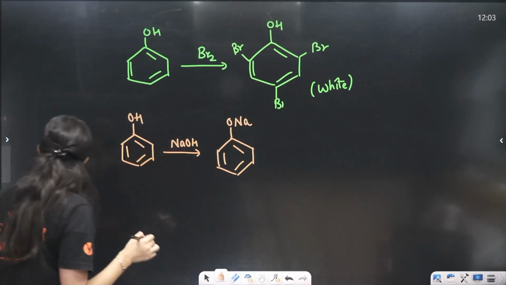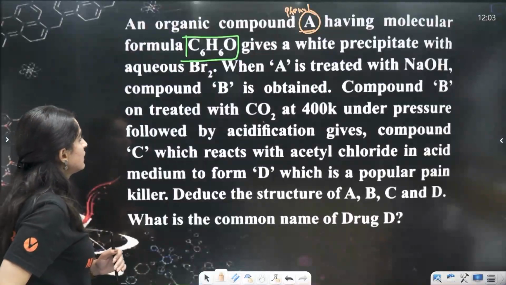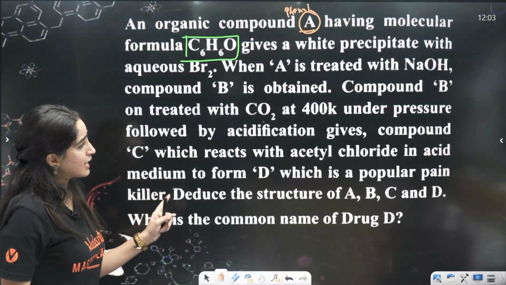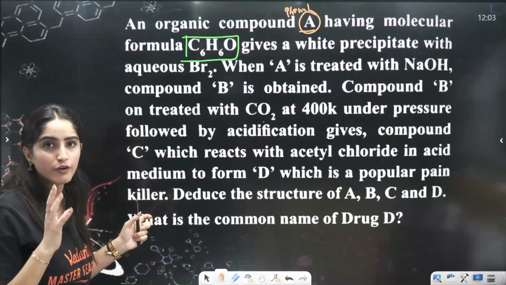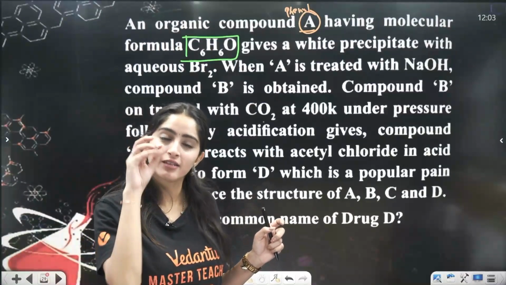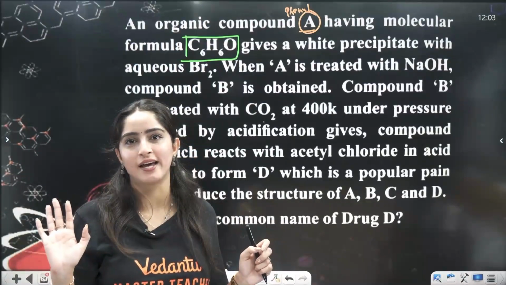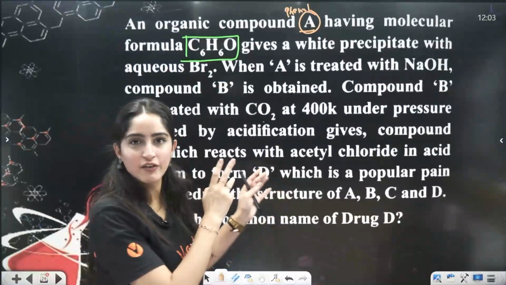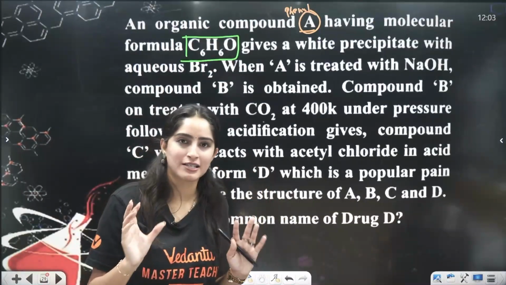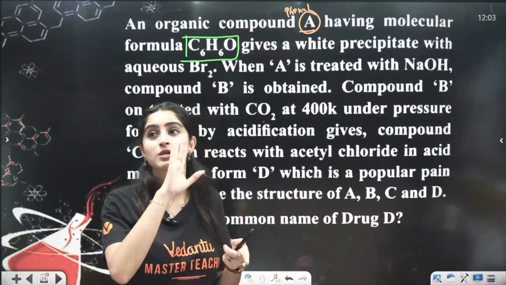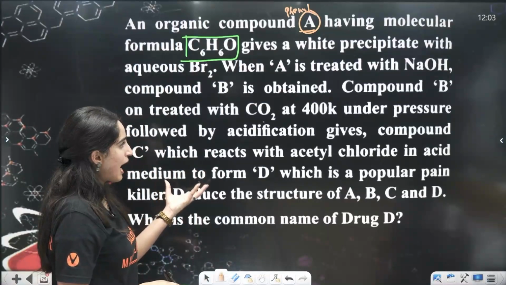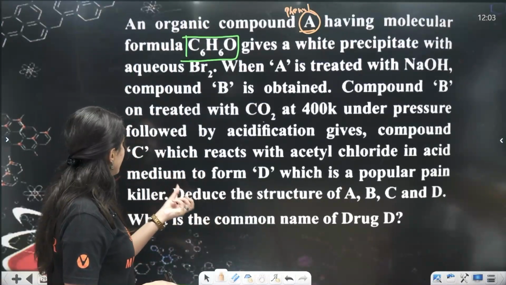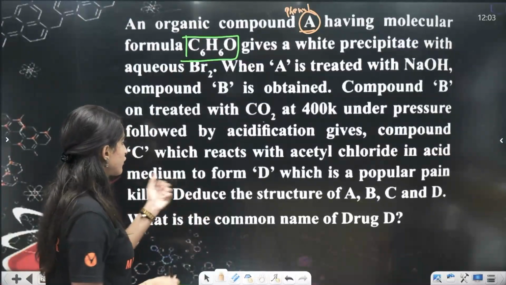Again they are saying that on treatment with CO2 at 400 Kelvin under pressure, whenever these kinds of things are given, understand one thing, there must be some name reaction involved. Only then they give you all these A, B, C, D to identify. So here, CO2 at 400 Kelvin under pressure, followed by acidification, gives compound C.